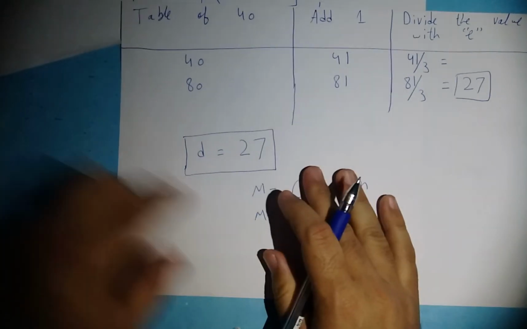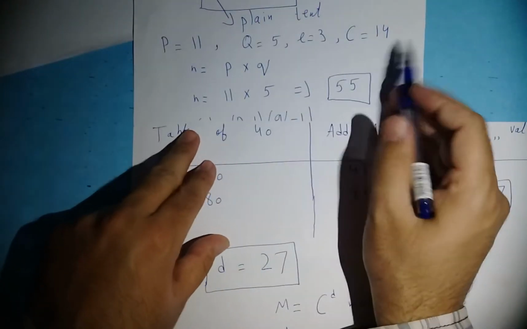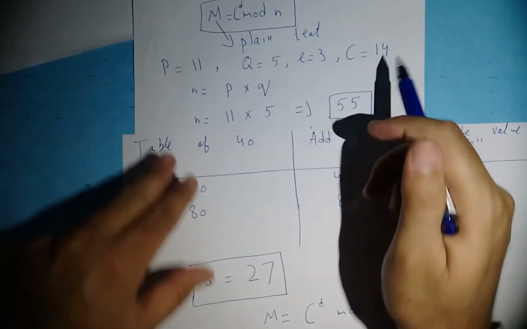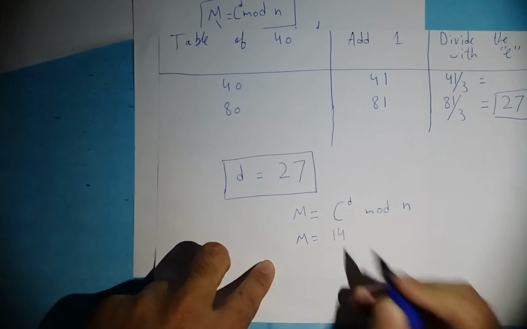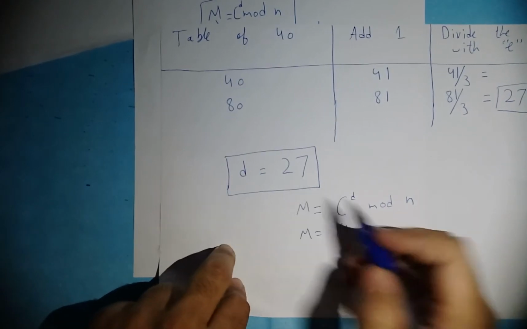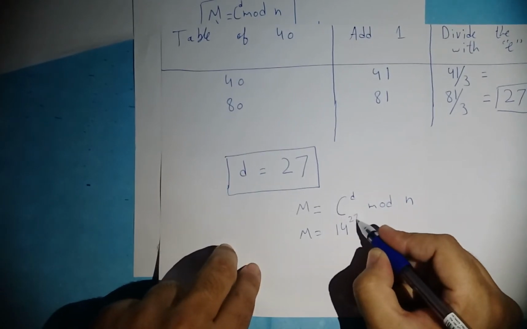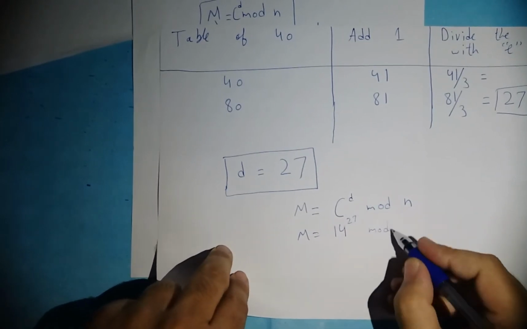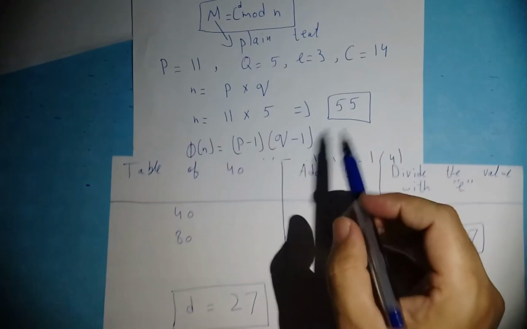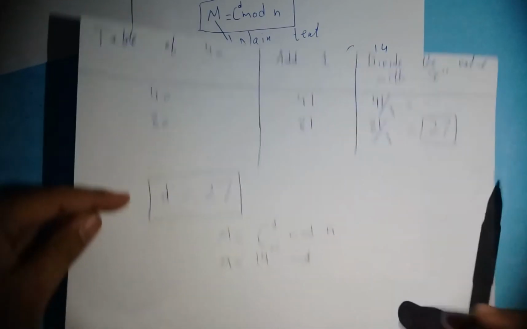Now C, I've got it, 14, so I write it down over here, 14. Now D, I've got it right over here, which is 27, and mod n, so n I've got it, 55.